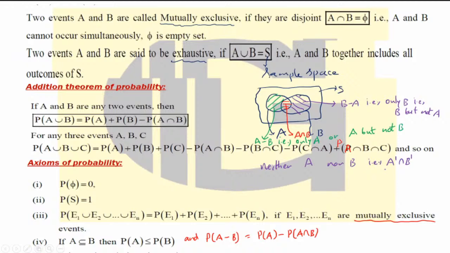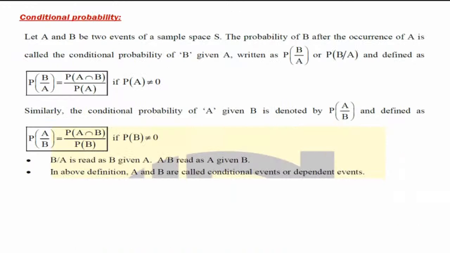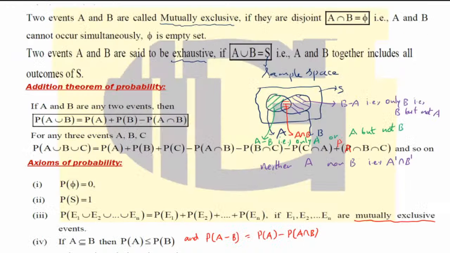You remember, sometimes these laws are useful: De Morgan laws. A intersection B whole dash is nothing but A dash union B dash. And A union B whole dash is equal to A dash intersection B dash. Similarly, distributive laws.